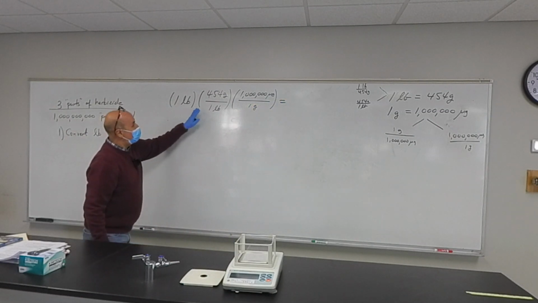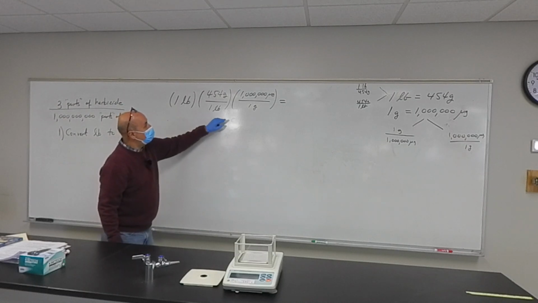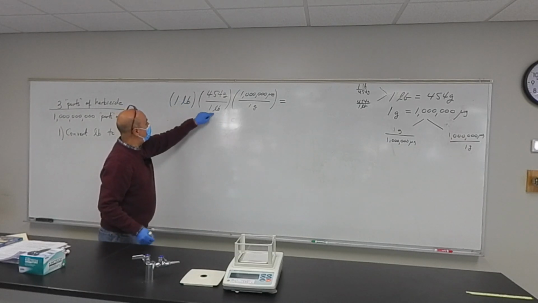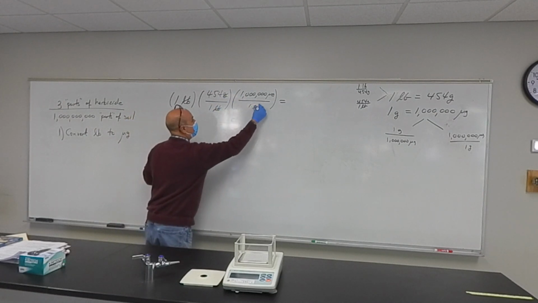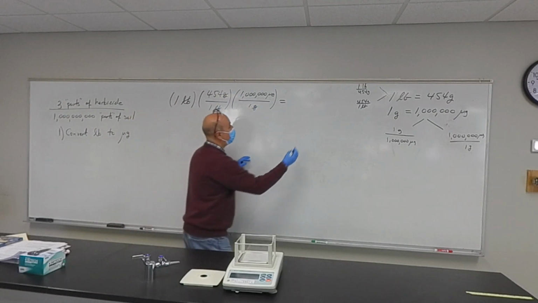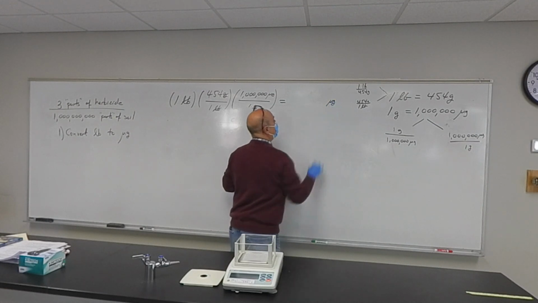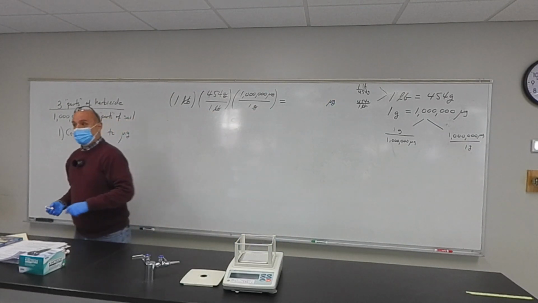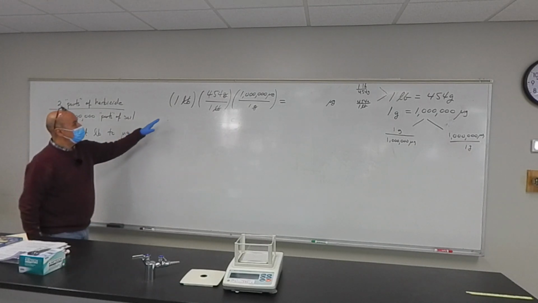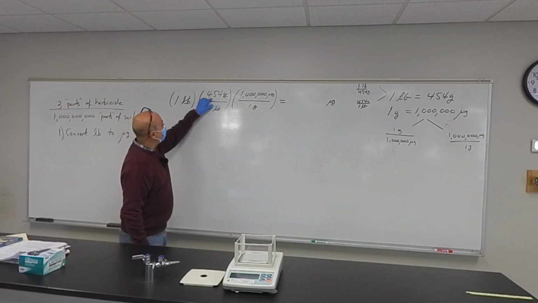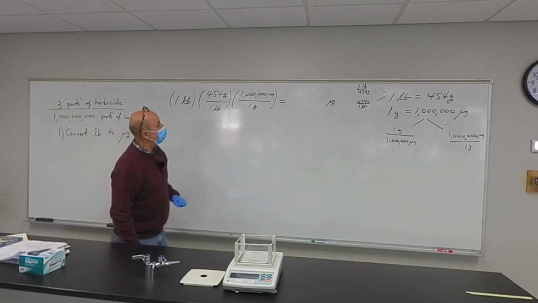Before I do the math, I want to make sure that the units are correct. Top and bottom cancel each other out. Top and bottom cancel each other out. I'm left with micrograms. We chose right. So now please do the math. 1 times 454 times 1,000,000.